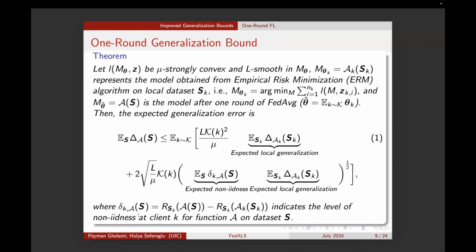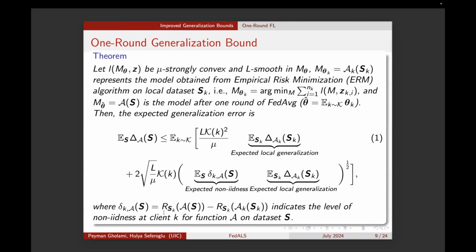And for non-IIDness, we define delta_k for dataset S. This is basically the difference between the local empirical risk of node k's data on the federated learning model output and the empirical risk of node k's data for its own local model before averaging at the end of the round in federated learning.